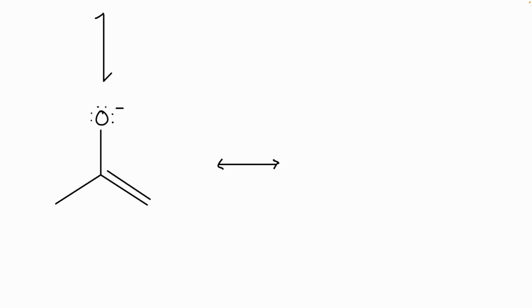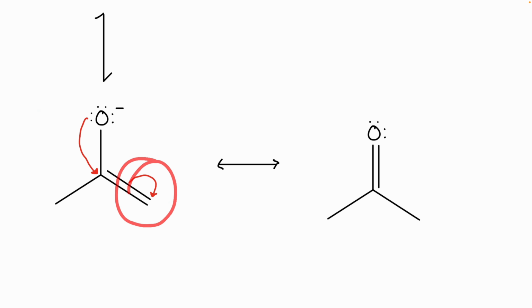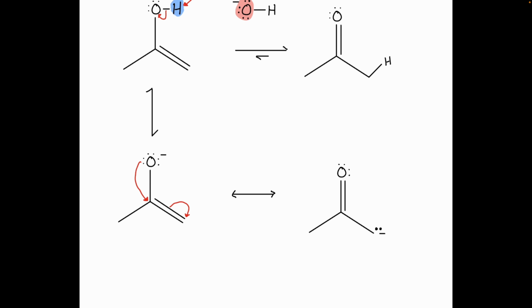What am I missing? What's this bond breaking arrow doing? Yep, I need a lone pair on that carbon. That carbanion. And then I'm almost at my ketone product. I've got one more step to do. I need to add a hydrogen to that carbon.